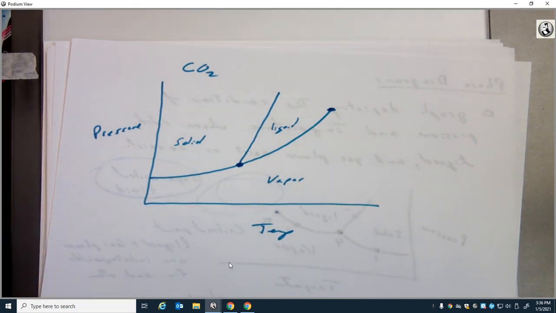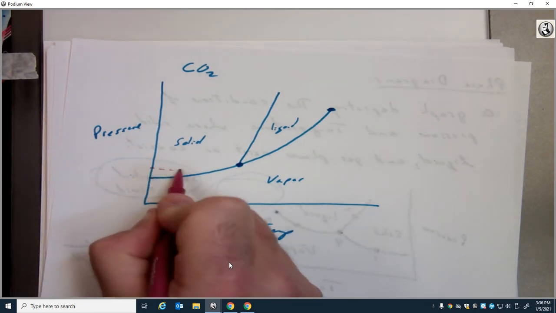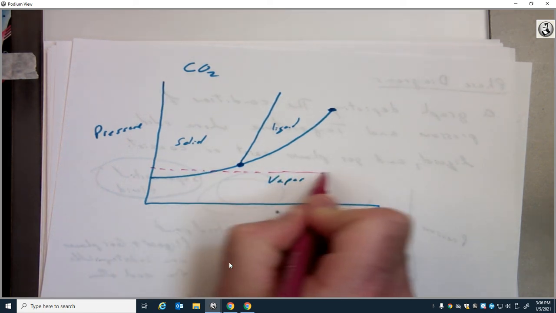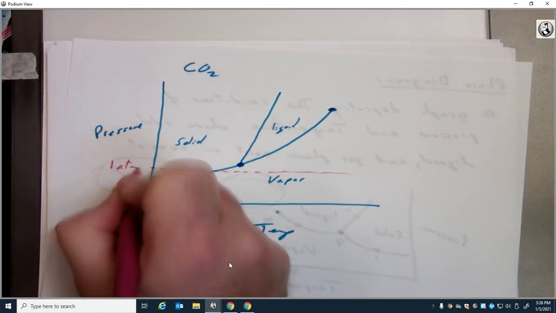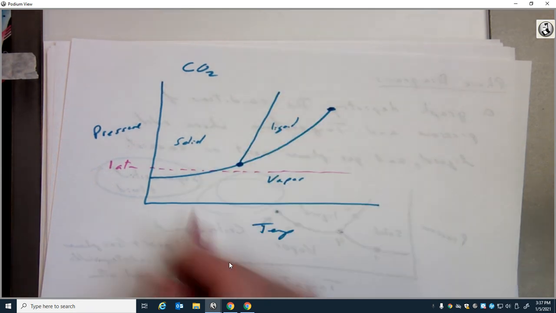And I want to put pressure in here. It's right about here. This is 1 atmosphere. So there's a couple things that I want you to notice.